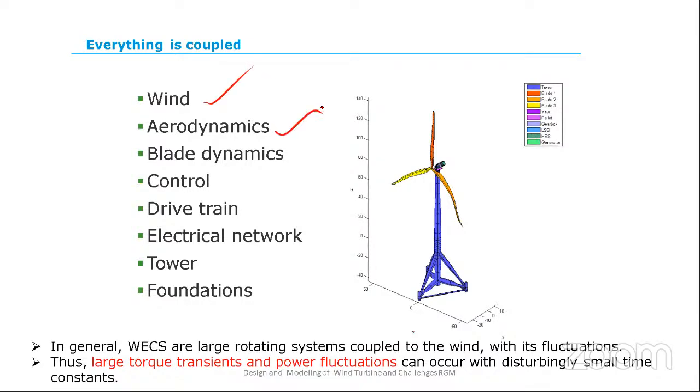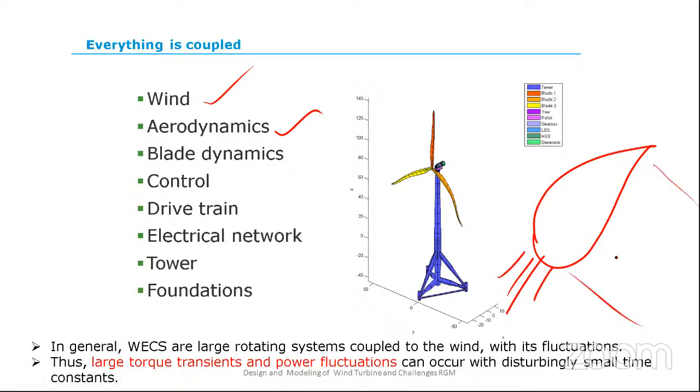And the aerodynamics of the blades, I have explained to you. When the wind hits the surface of the blade, there are many aerodynamic profiles in the blade. The basic working principle is Bernoulli's principle. The wind is divided into two portions, the upper portion and the lower portion.